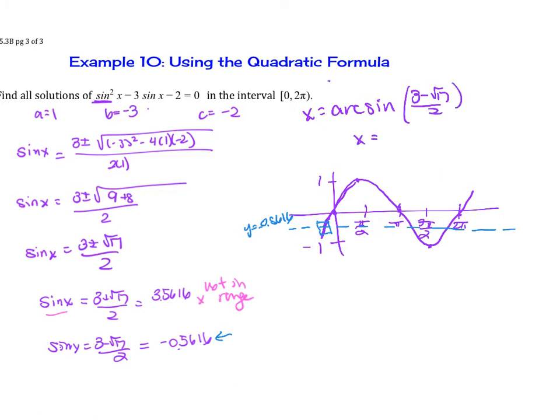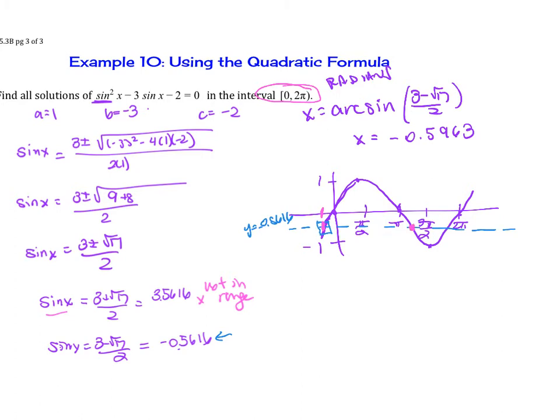Make sure that it is in radians. Really important that you're in the right units. And when you plug that in, you get x equals negative 0.5963. That is here.